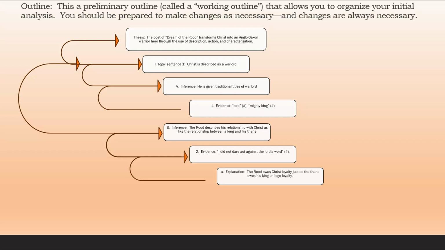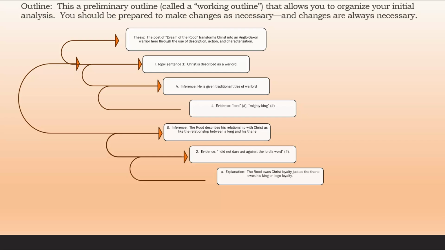The next minor inference, so to speak, is the B section of the working outline. So the Rood describes his relationship with Christ as like the relationship between a king and his thane. The evidence, of course, is I did not dare act against the Lord's word.